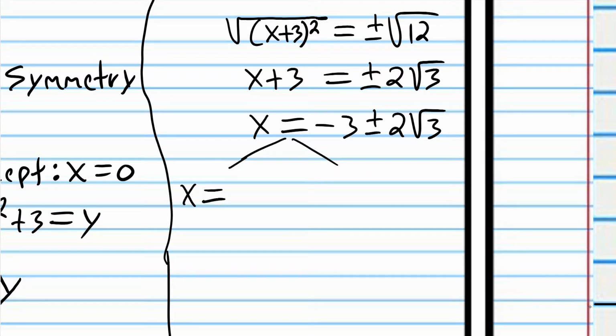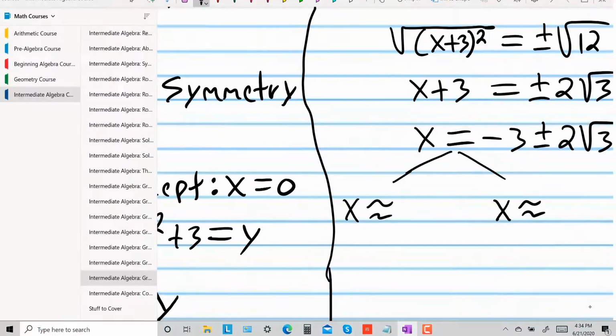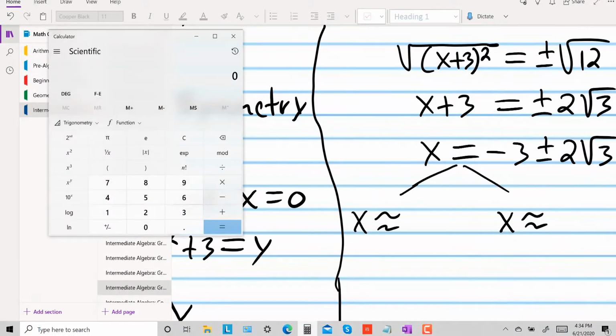So we're going to have to get the calculator out to estimate what these numbers would be. So let's get the calculator. There are a lot of different ways you could do this, but I'm going to write 3, push the square root button, times that by 2, and push equals.